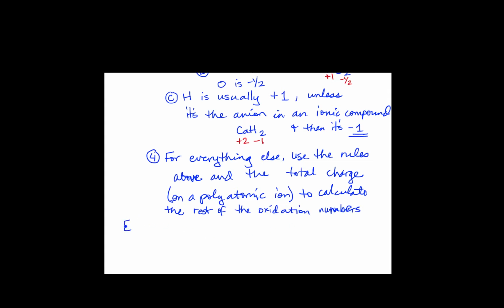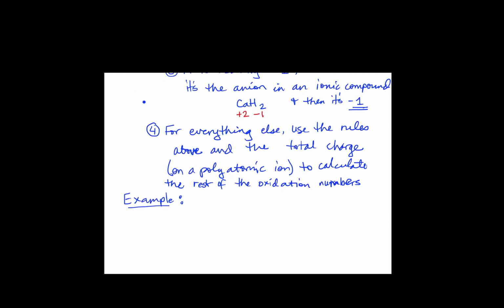So an example here might be something like, how about sodium nitrate? So when we look at sodium nitrate, we're going to separate it into its ions first. So we know that this is sodium plus, and that's a cation.